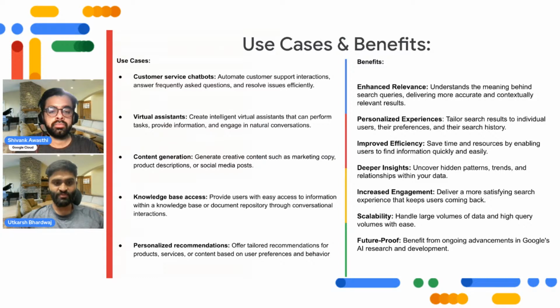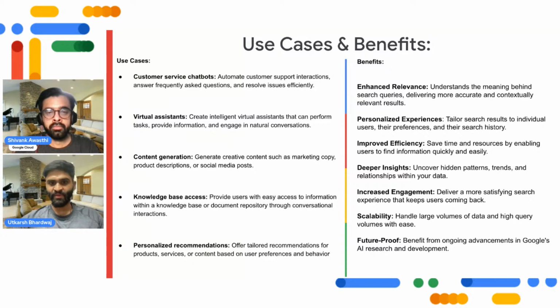Then comes knowledge base access. It helps you provide users with easy access to information within a knowledge base or document repository through conversational interactions. Then comes personalized interactions. It offers tailored recommendations for products, services, or content based on user preferences and behavior. Some of the benefits include enhanced relevance.